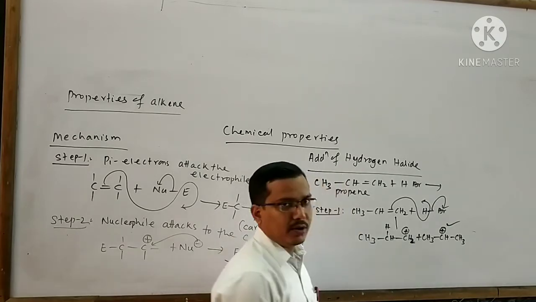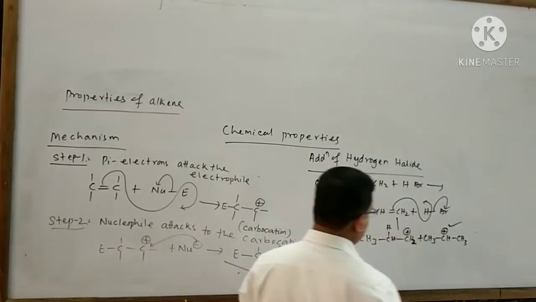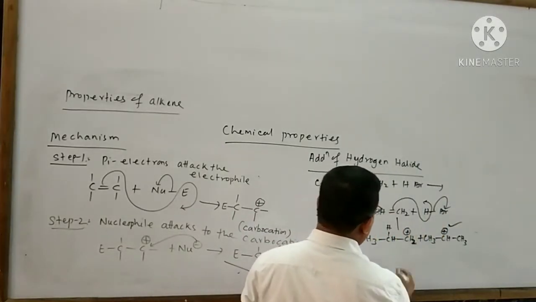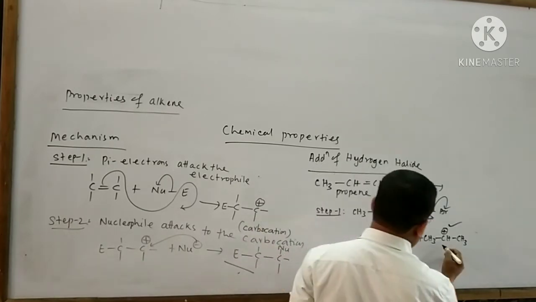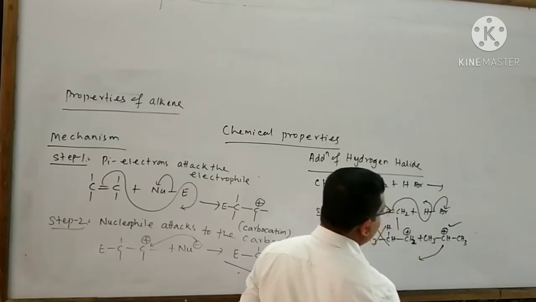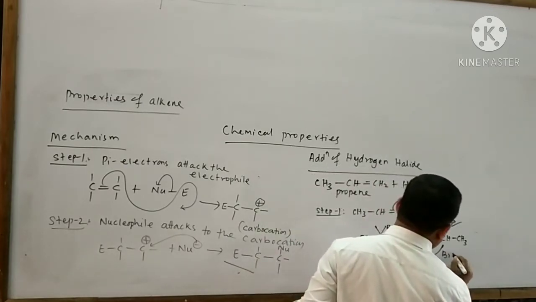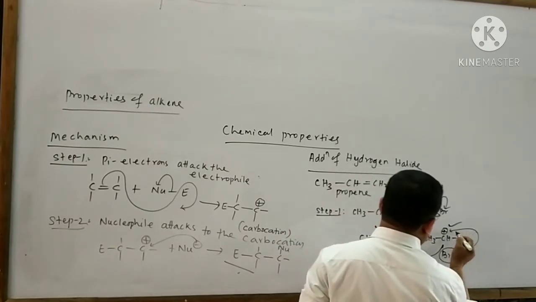Generally, we do not think about the minor product. We generally think about the major product. So we do not think about this carbocation. Now this carbocation is attacked by the nucleophile, that is your Br minus ion. Your Br minus ion attacks this carbocation.